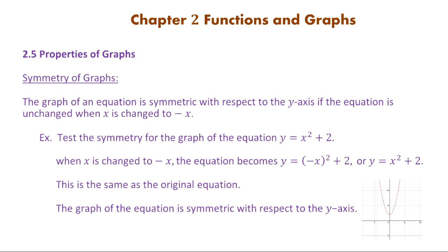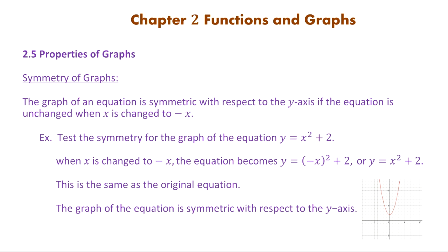For example, we want to test the symmetry of the graph of the equation y equals x squared plus 2. This time, let's change x to negative x and see what happens. The equation becomes y equals negative x squared plus 2, but negative x squared is just x squared. So we get y equals x squared plus 2, which is the same as the equation we started with.